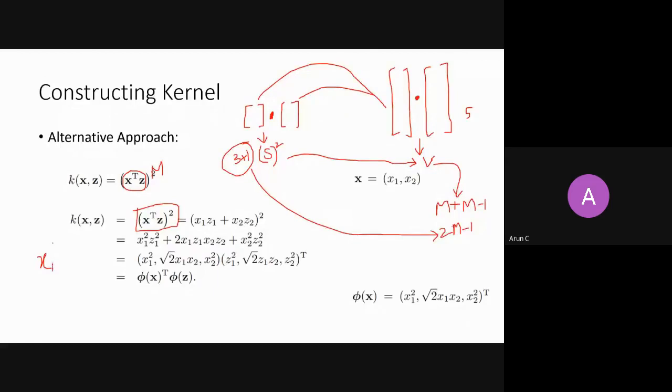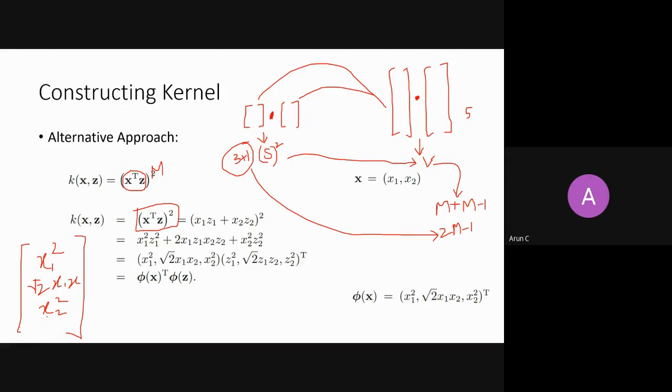First component will be x1 squared. Second quadratic term will be square root 2 x1 x2, right? And the third term will also be quadratic, that is x2 squared. This is the projected space, or feature space, you will get using this basis function.